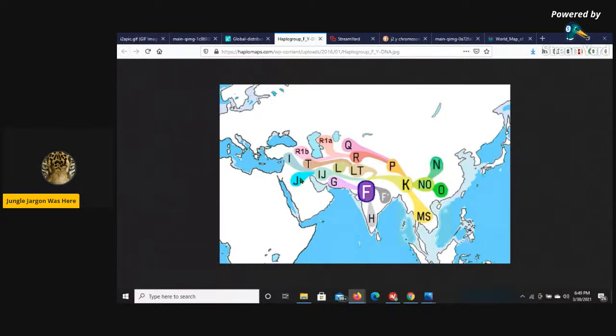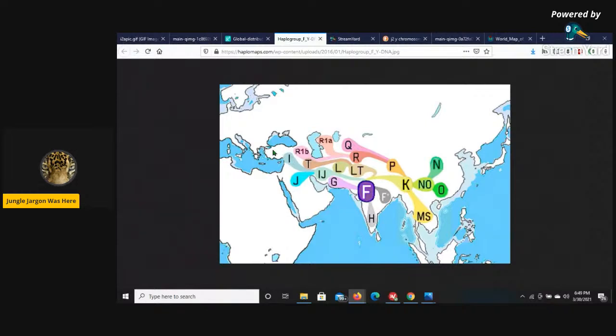And the J1, J2, I2, and I1 are descendants of Arpachshad, who is the father or progenitor of Abraham, the great grandfather of Abraham. So that's pretty much how that worked. The I and the J are closely associated.